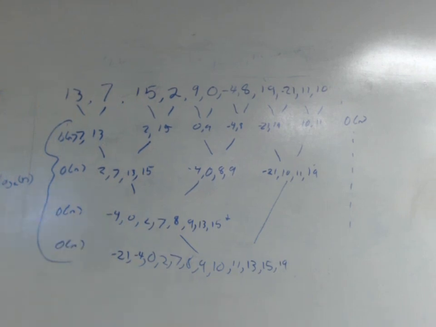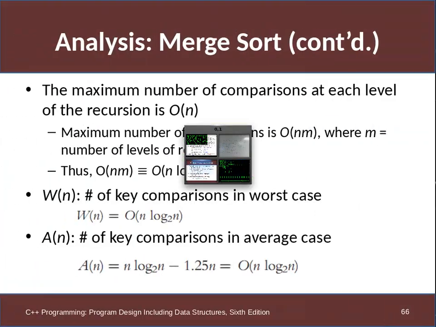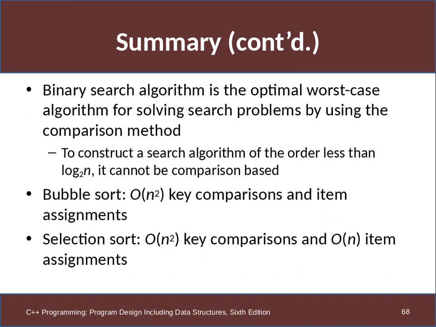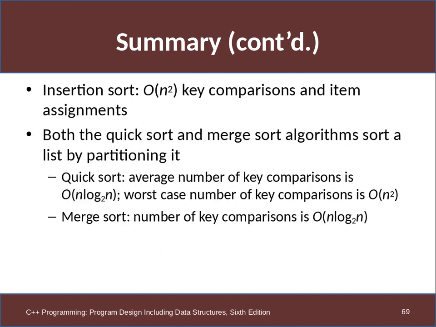All right. Let's see, summary. Sequential search is terrible, but if we sort everything, then we can do a binary search, which is log n, but that requires us to sort it. Well, sorting is n squared, which is not great, except quick and merge are both n log n, and we've talked about the differences between the two.